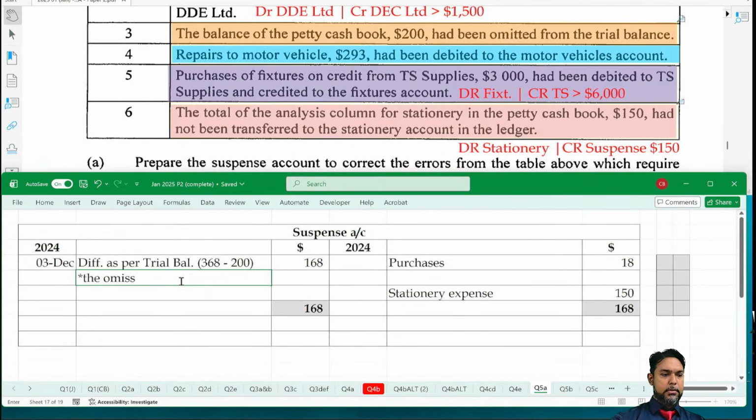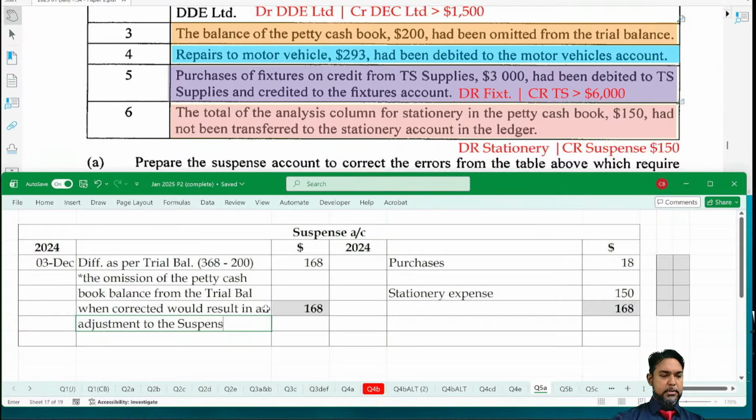The omission of the petty cash book balance from the trial balance, when corrected, would result in an adjustment to the suspense account balance.